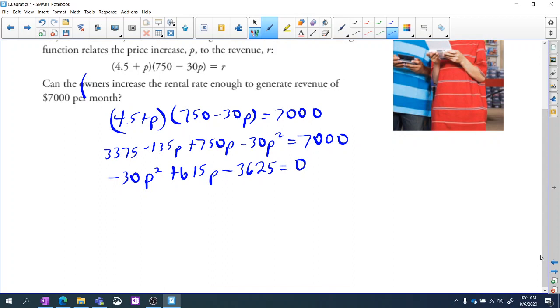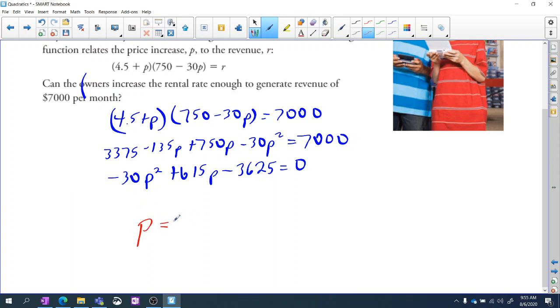I don't like the looks of these numbers right away. I'm going to go quadratic formula. They're not going to divide by 30, so it's still going to be a hard try. You could probably divide everything by 5, 15 maybe, to get the numbers a bit smaller. But I'm just going to leave it like it is and go right to the quadratic formula.